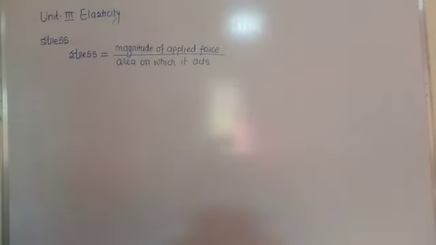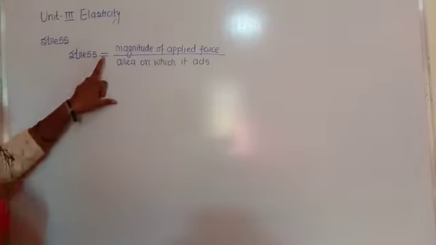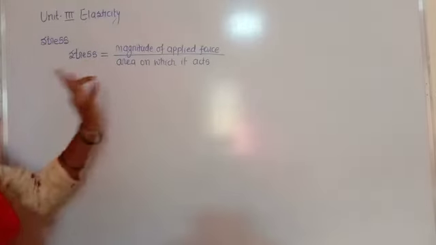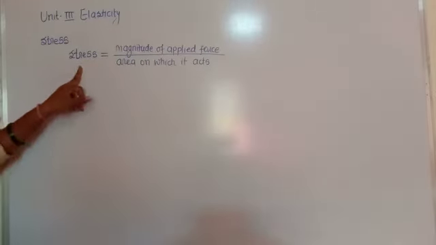The magnitude of this applied force and the magnitude of the stress are equal and opposite. So the magnitude of the stress is equal to the magnitude of the applied force per unit area. This is the definition of stress.